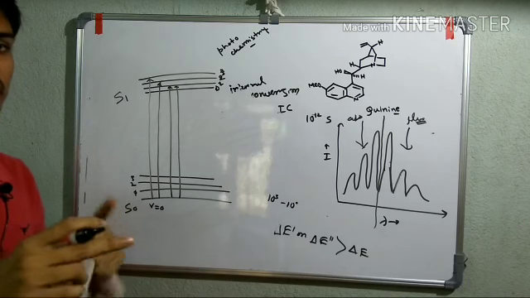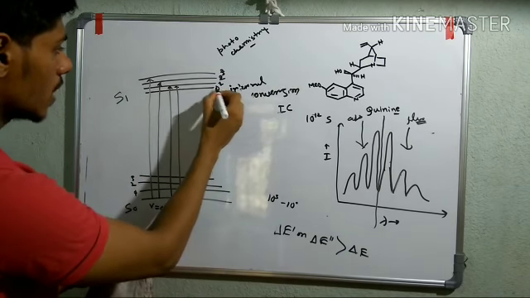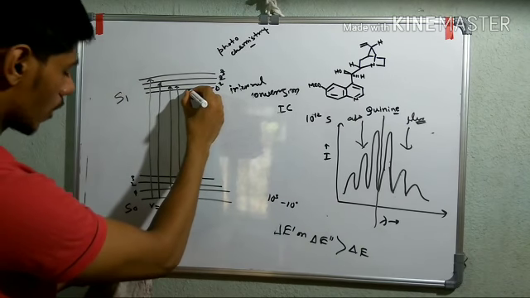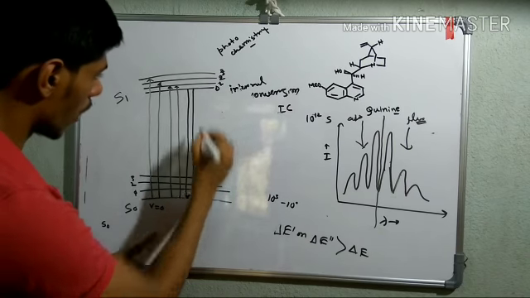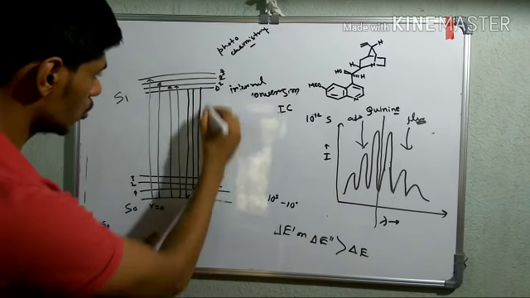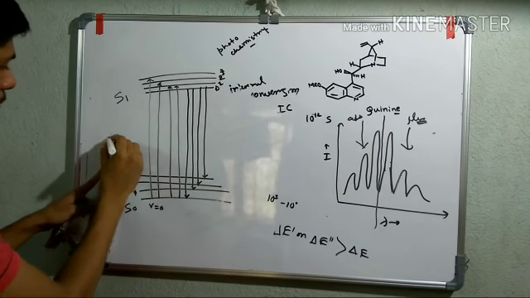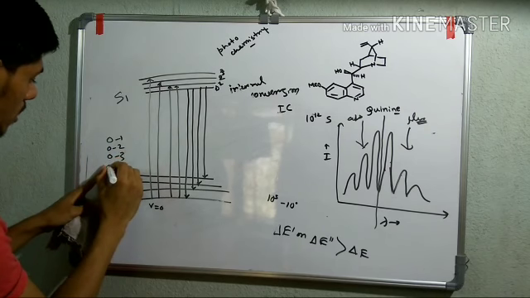But when the de-excitation, or the phenomenon of fluorescence, occurs, it will always occur from the 0 level of S1. So it can occur from 0 to 0 or 0 to 1 or 0 to 2 or 0 to 3.